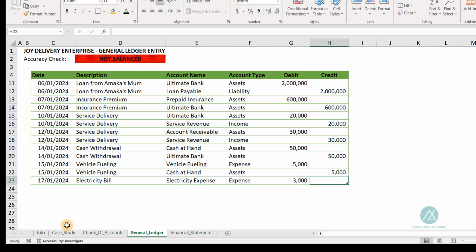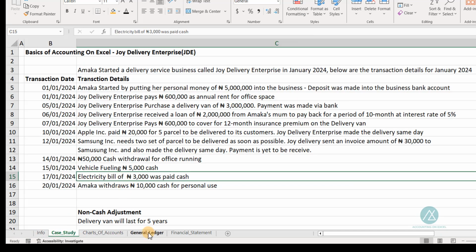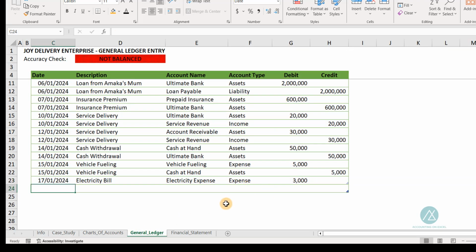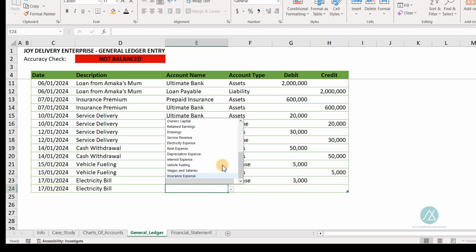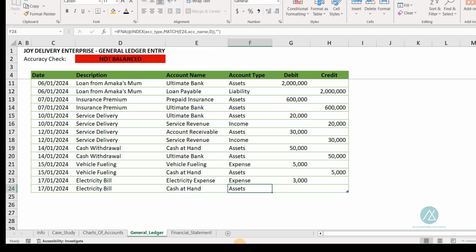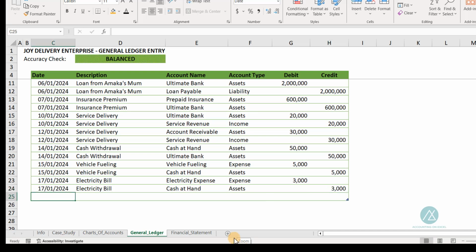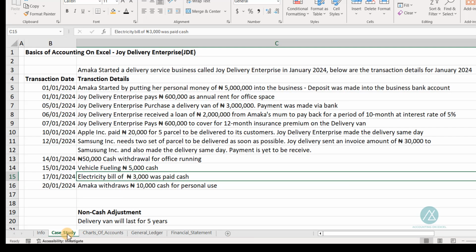If I'm not mistaken, we can check that. Yes, 3,000. We paid cash, so we paid from cash at hand. So cash at hand will definitely reduce. So you select cash at hand here. Because it's reducing, it's going to be credits, 3,000.